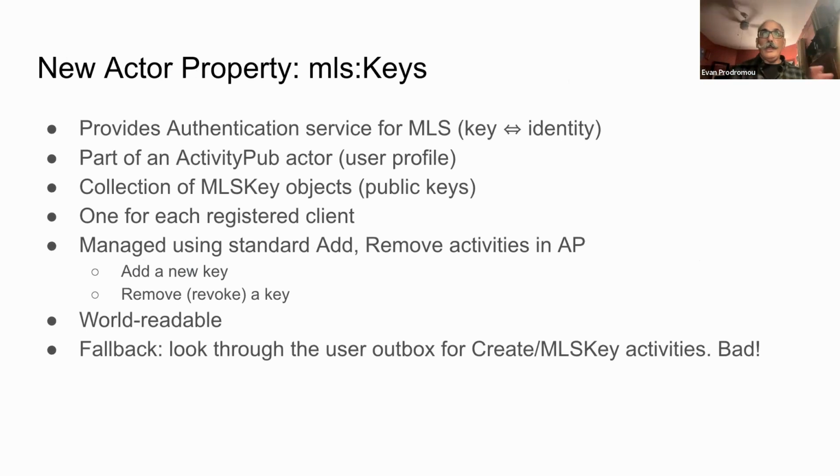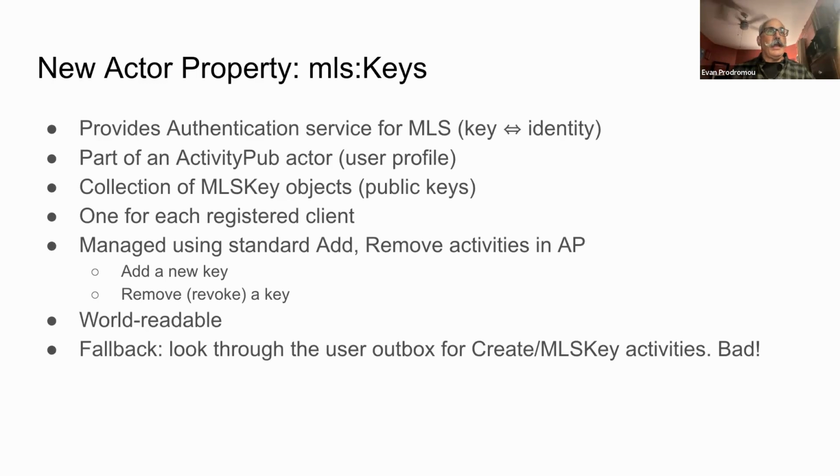The first thing that we defined was a key store. This is something that'll be included with every user account, and it provides that authentication service and stores all the public keys for that user. It's world readable, so remote users can read it, the local user can read it, and it's managed using some standard mechanisms within ActivityPub.